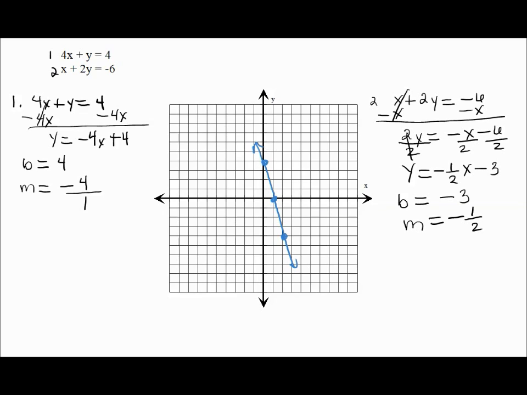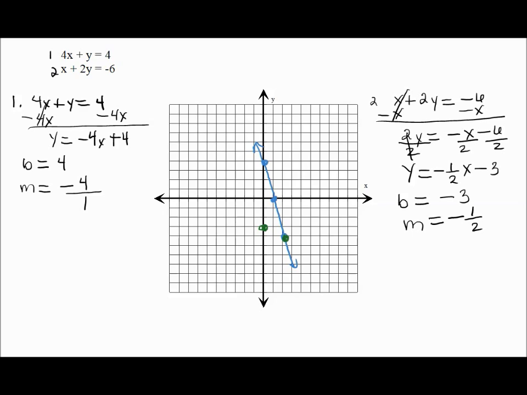Okay, that's my first equation graphed. The second one, my y-intercept is -3. So on the y-axis, I move down 3 units, and I put a point at -3. Then my slope is -1/2. So I'm going to move down 1 unit, and then to the right 1, 2 units. And you see, I already see where I'm going to intersect.